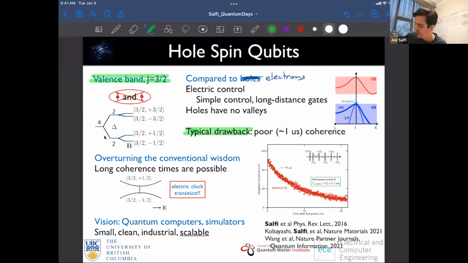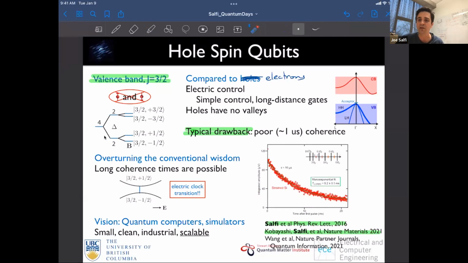That was described theoretically in this paper on boron atoms in silicon, which bind holes. Then we performed this experiment, and we showed that you could get 10 millisecond coherence time in this system, which is basically as long as electron spins in silicon. So that turns the conventional wisdom on its head, which said that if you have spin orbit coupling, when you look at it in perturbation theory, it always destroys coherence.